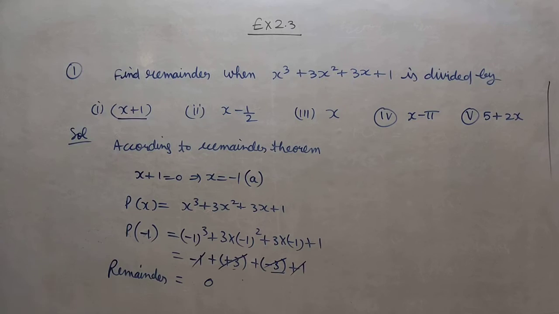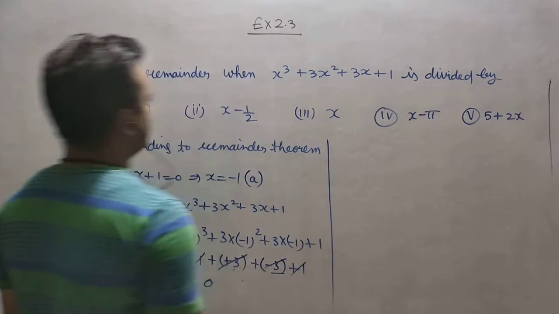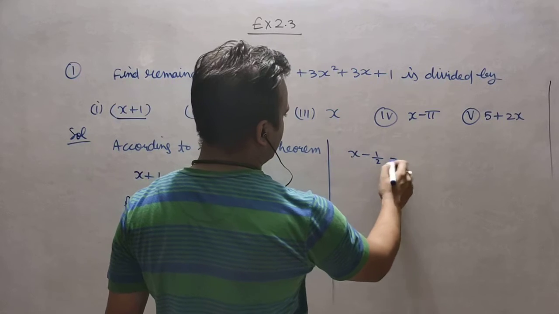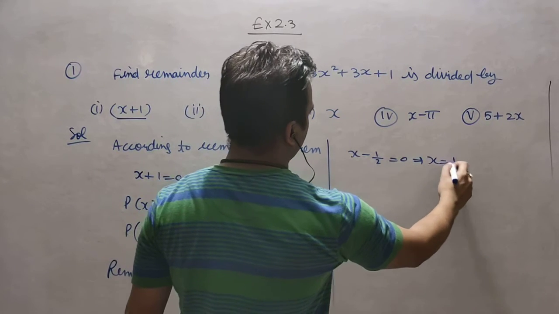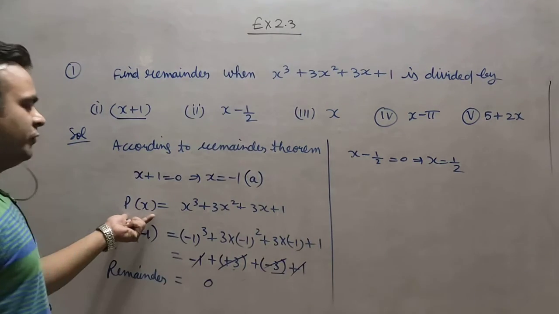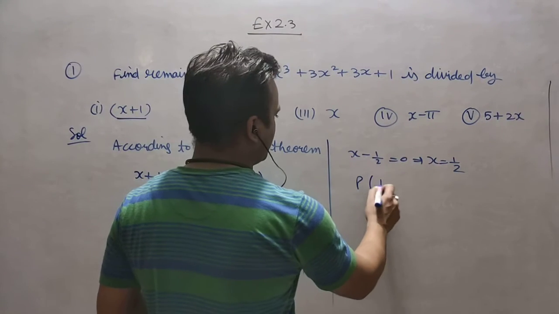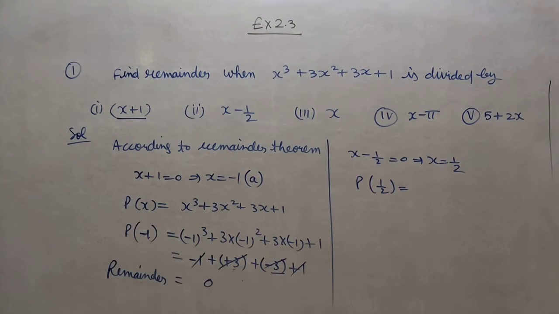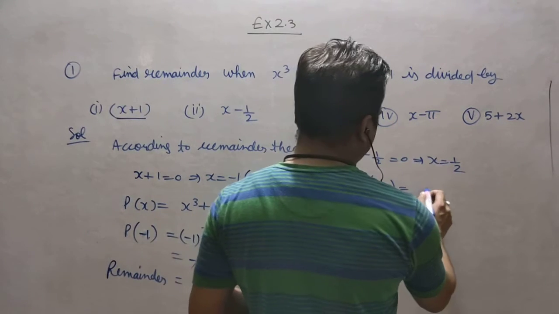So we will write 0 as the remainder. In the second, again we check: x minus 1 upon 2 equal to 0, what value will make it 0? So x is equal to 1 upon 2. You will find the value of this polynomial at 1 upon 2, and that value will give you the remainder.